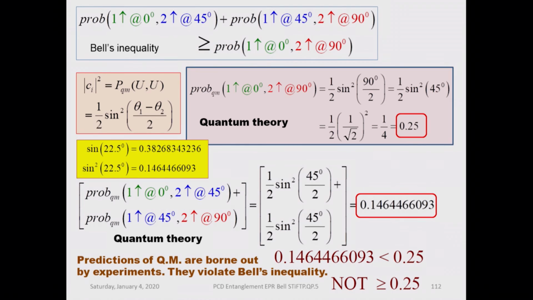But from the sine and cosine of half the difference angles, what you get is that this adds up to 0.1464, which is less than 0.25 rather than greater than or equal to 0.25. So, here you have got numbers, you can't argue against those.